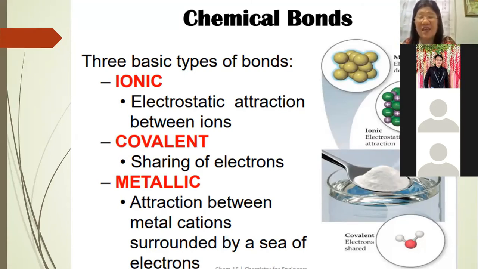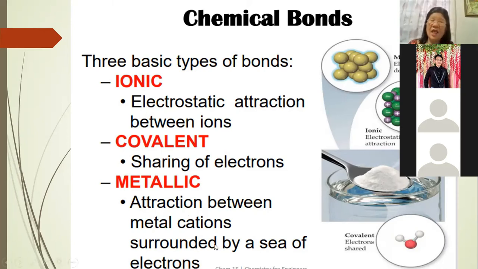If it is transferred, chlorine will have 8, and sodium will be stable. That is why sodium bears positive. So what kind of bond is that? That is ionic bond, a transfer of electrons from metal to non-metal.